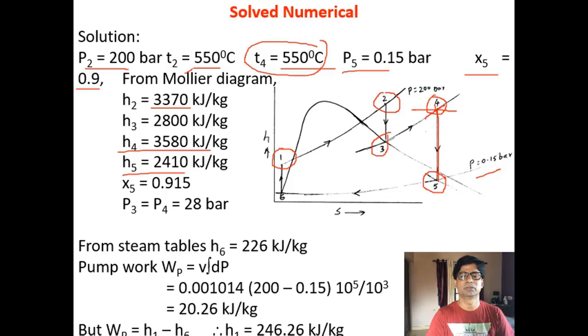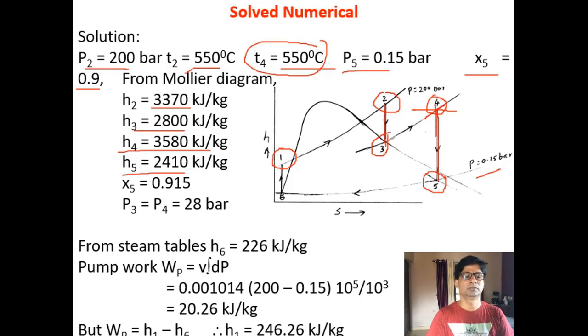Now note down the pressure passing through that point. You see this vertical line and this 550 degrees Celsius line, you will get point 4. Note down the pressure passing through that point and then come along that pressure line till it intersects a vertical line from 2. That point is 3, so that is nothing but H3. Note down these values first.